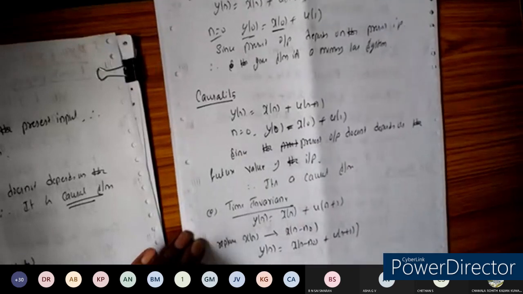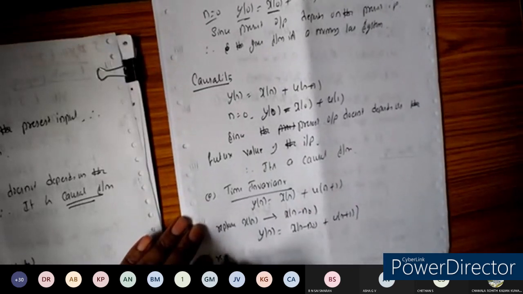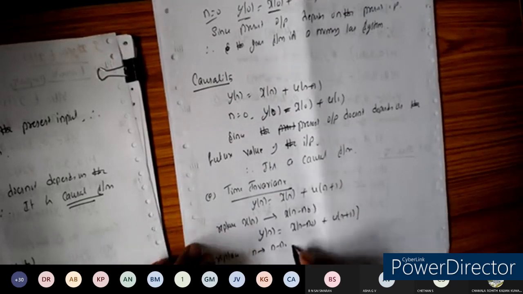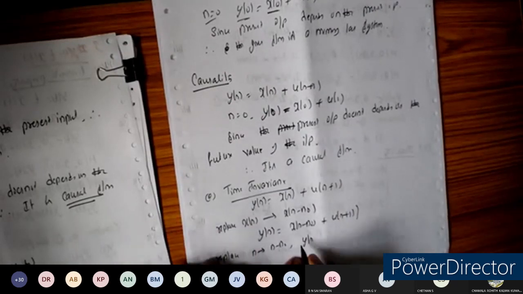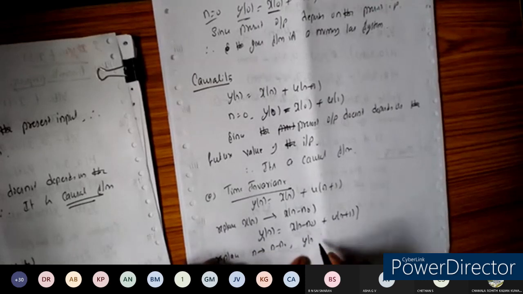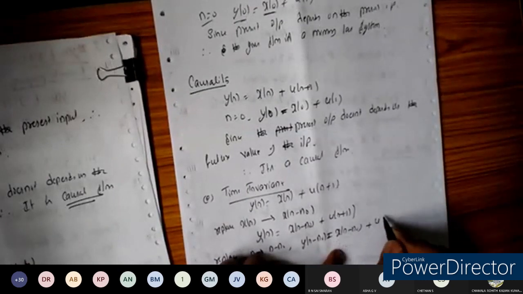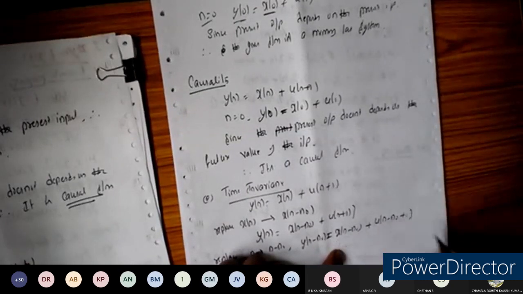Next, let us replace n by n minus n naught, so that y of n minus n naught is equal to x of n minus n naught plus u of n minus n naught plus 1.